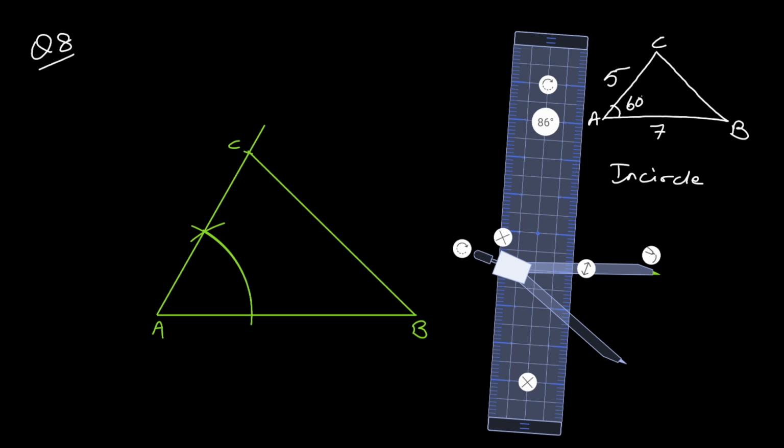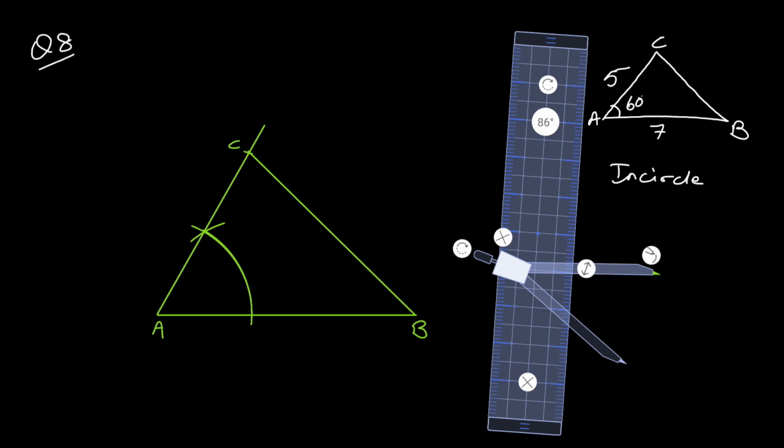Now you have to draw the incircle for this. For the incircle you need to have angle bisectors. The angle bisectors of the triangle intersect at the center of the incircle.